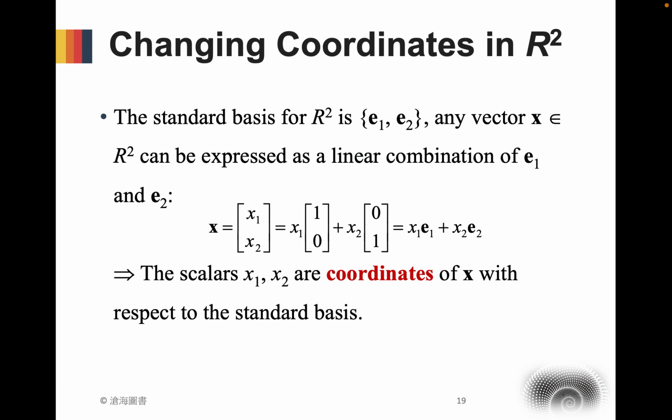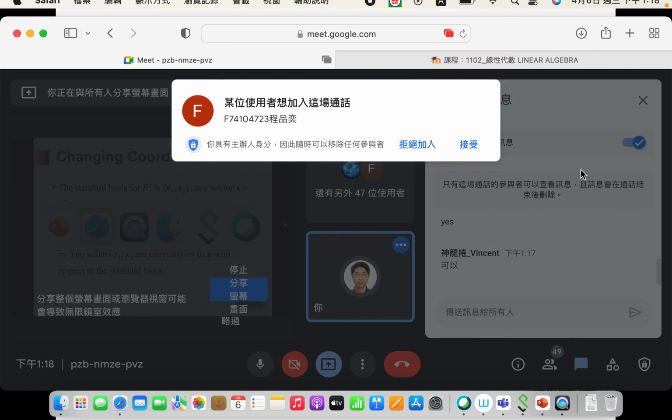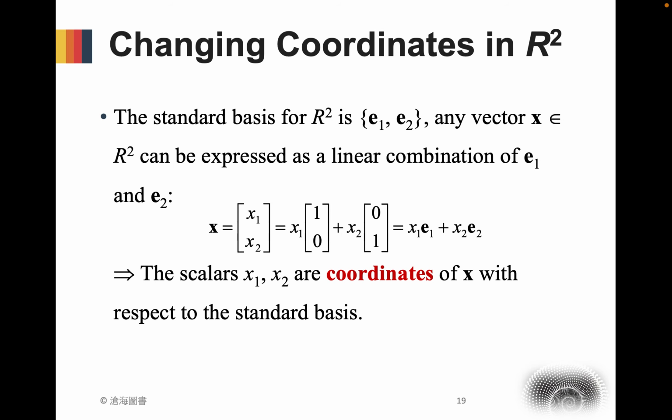So we already know the standard basis for R2 or any other vector space, right? Every two-dimensional vector can be represented as a linear combination of e1 and e2.